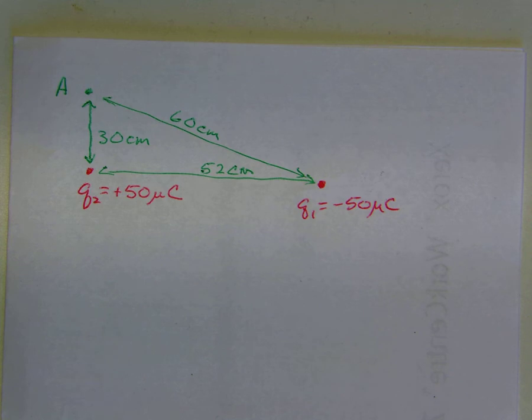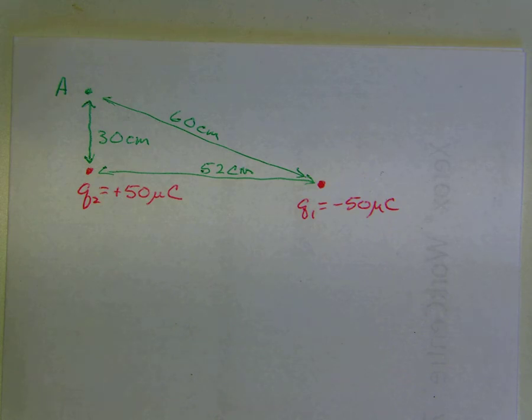So before we even start any of the calculations, what you want to do is decide what's going to happen. I think I said we're going to find the force.